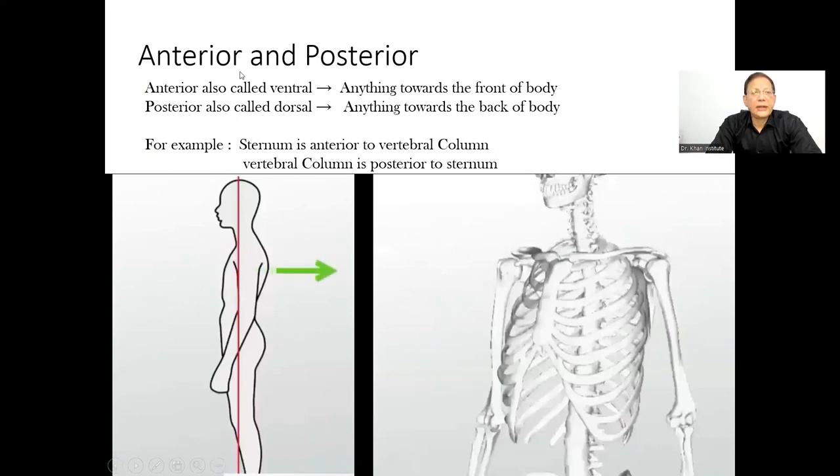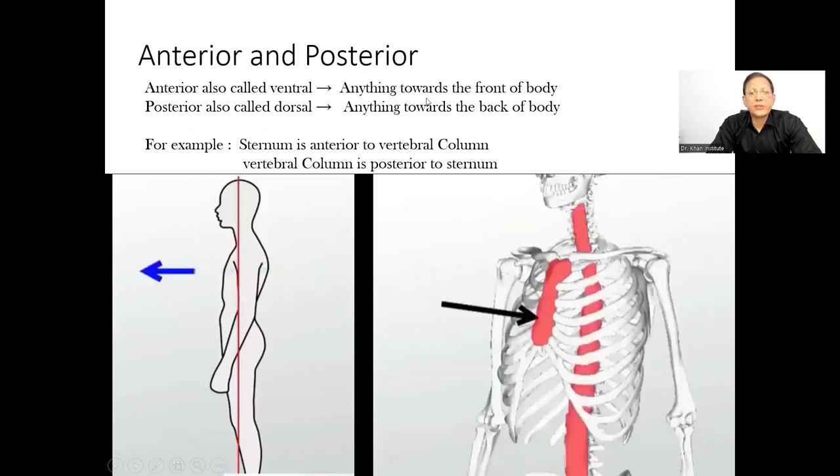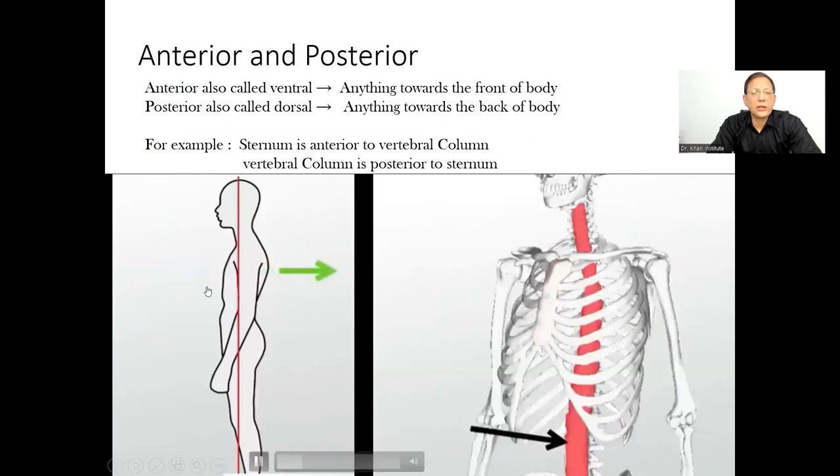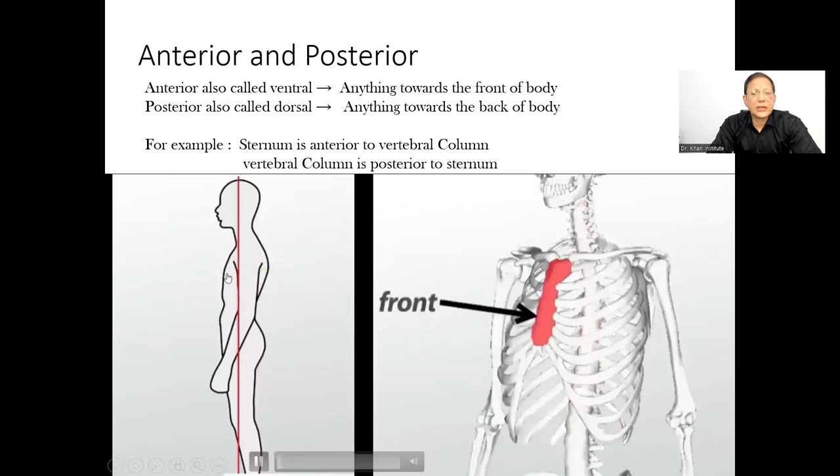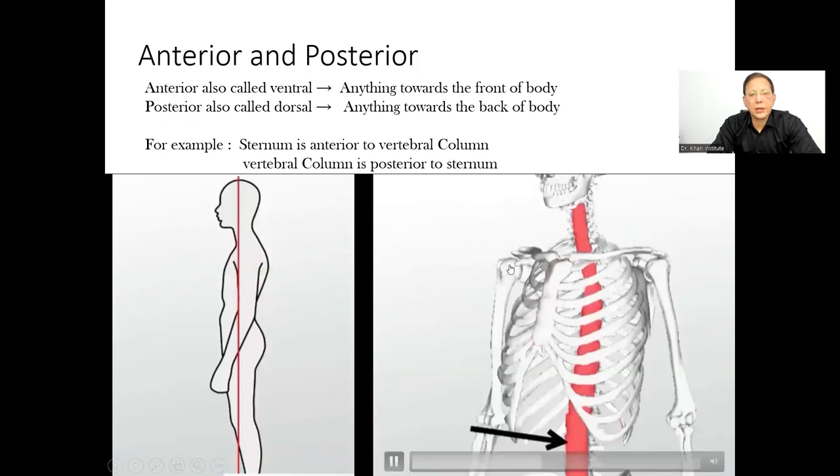The terms anterior and posterior are used when you are discussing something which is facing towards the front of the body. We use the term anterior, and when something is at the back or facing towards the back of the body, we use the term posterior or dorsal.